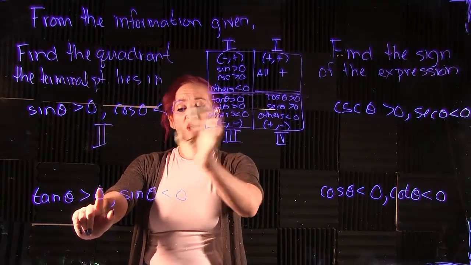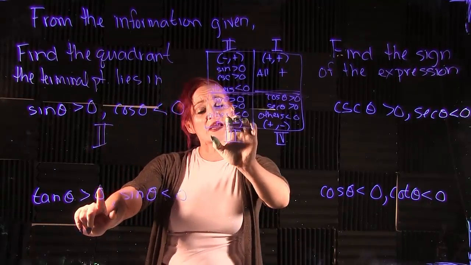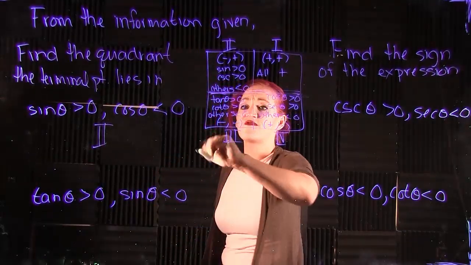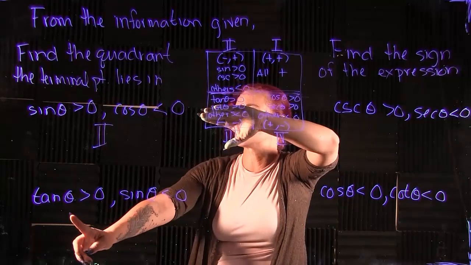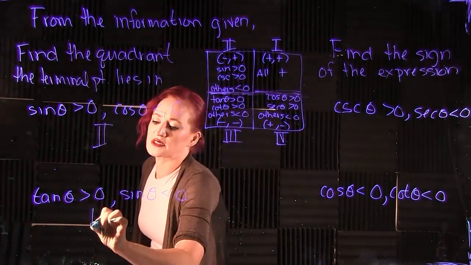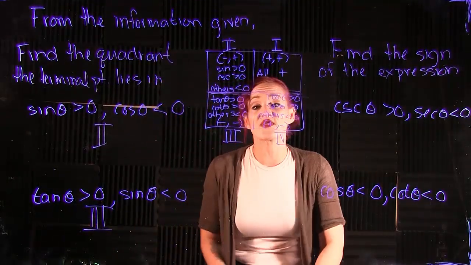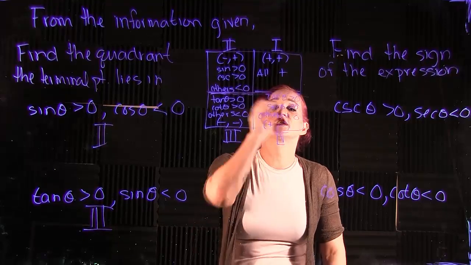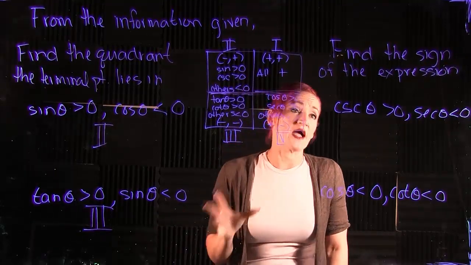Cotangent is also greater than 0, and it says everything else is less than 0. That means this would fit within that. Tangent is greater than 0, but sine is less than 0. So it looks like we are looking at quadrant 3 there. So this is really just a comparison game.